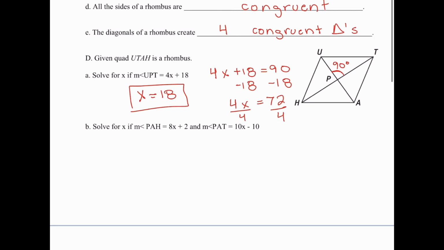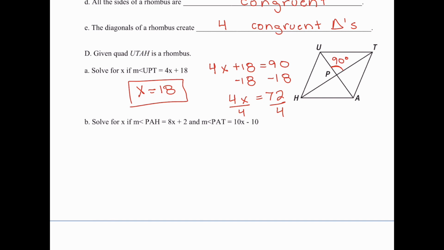In part B, it says solve for x if the measure of PAH is 8x plus 2, and the measure of angle PAT is 10x minus 10. Well, this is an angle split by one of the diagonals, but we know that in a rhombus, the diagonals bisect the angles, which means those two parts are congruent to one another.